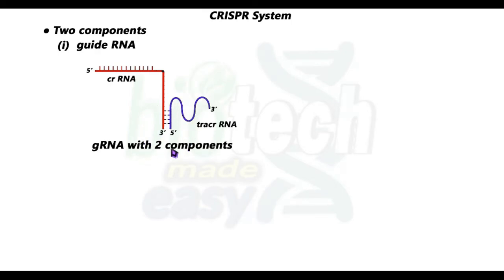Guide RNA is made up of crRNA. Here you can see at 5' end crRNA, and this one is the tracer RNA. So these two components are there. These are generated by two different genes, as we have just discussed, that crRNA is formed by CR genes or the spacers, and the tracer RNA is formed by the tracer gene.